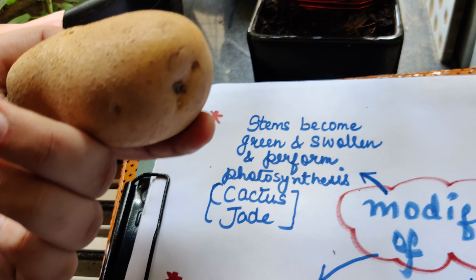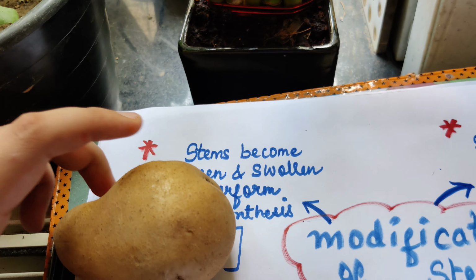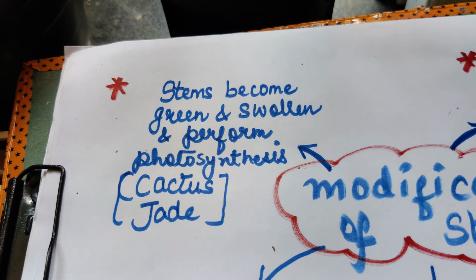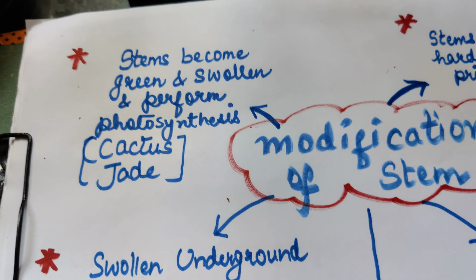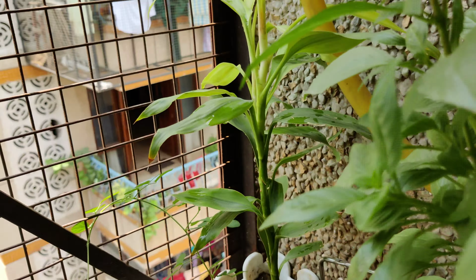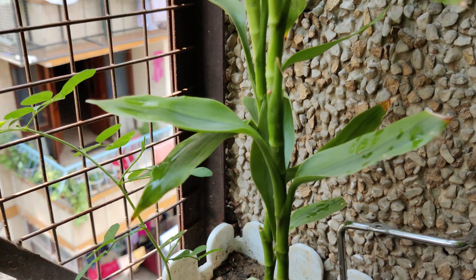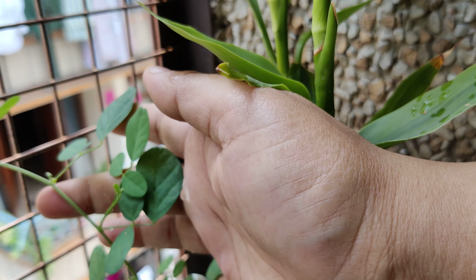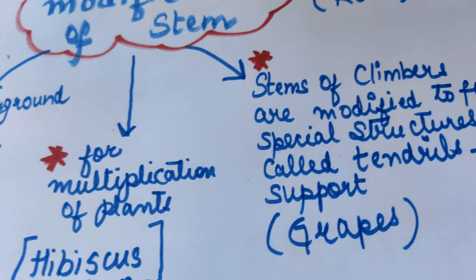Right, my dear class? Stems sometimes, in the case of cactus, become swollen and they perform the photosynthesis process, right? That is, you have seen it in the cactus. You can see this one particular plant here in my leaf area, this portion. The stem is quite weak, right? The stem is quite weak. Now here it is going to develop some tendrils.